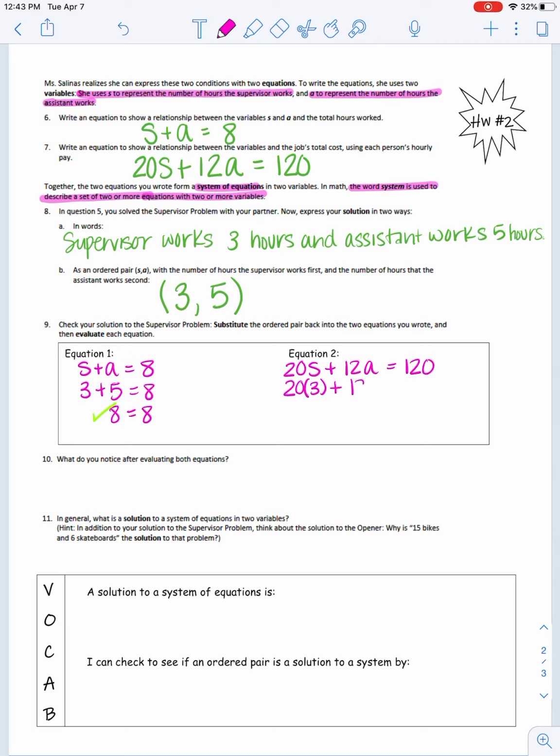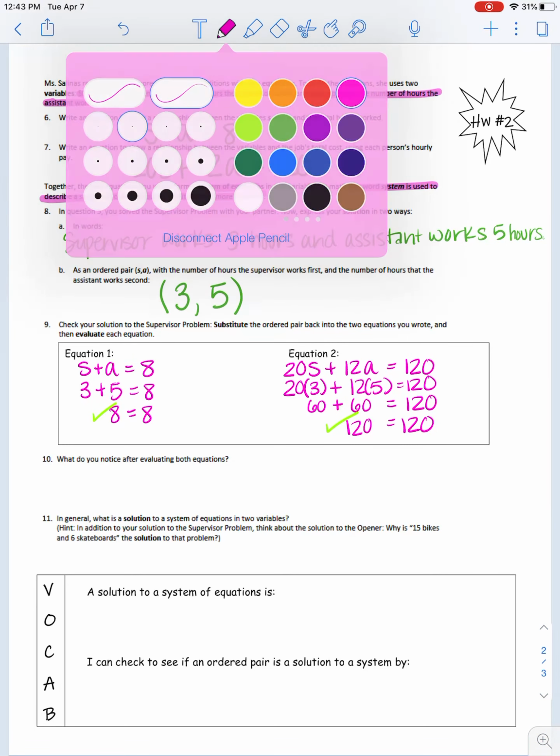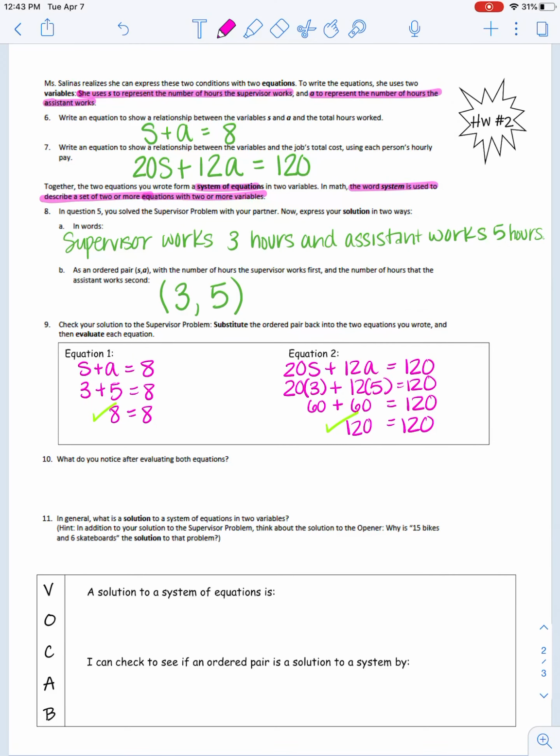Now I'm going to check equation 2 by doing the same thing, plugging 3 in for S and 5 in for A. 20 times 3 is 60. 12 times 5 is 60. 60 and 60 is 120, which is what we were hoping to get. So our ordered pair also works in equation 2.